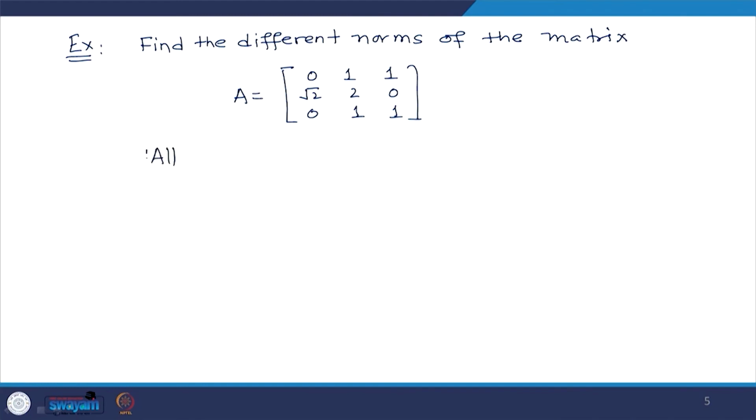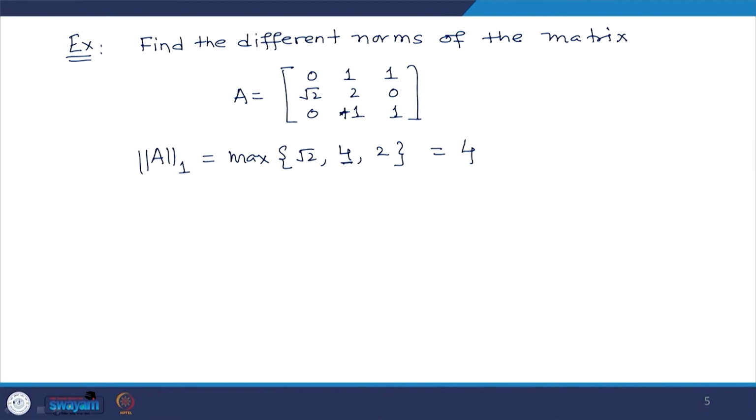First, let us take the one norm. The one norm will be the maximum column sum. What is the sum of the first column? Root 2. The sum of the second column is 1 plus 2 plus 1, which is 4, and the third column is again 1 plus 1, which is 2. So, here the maximum comes out to be 4. Please note that if I had minus 1 here, it would still be 4 because I am taking the absolute value.